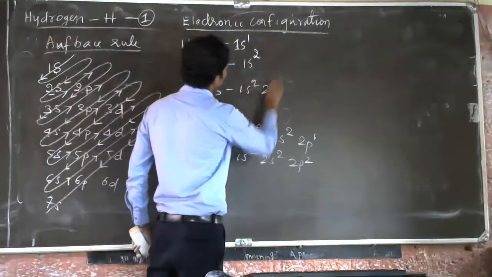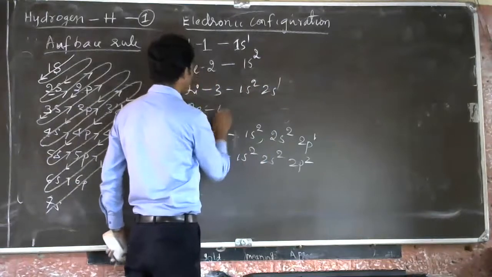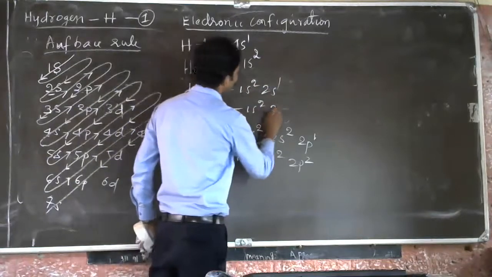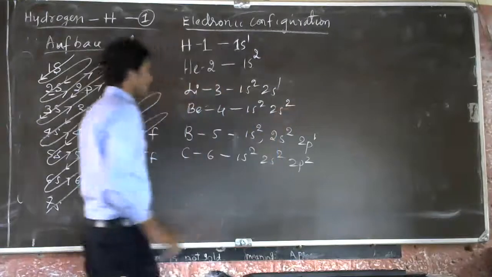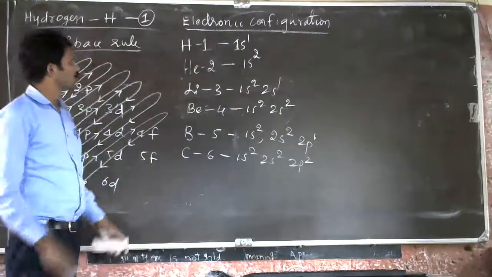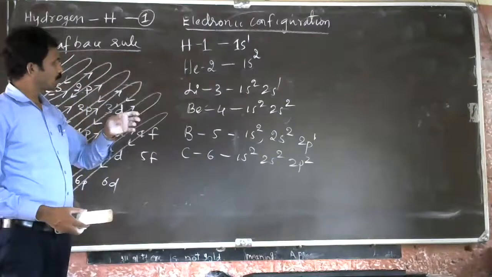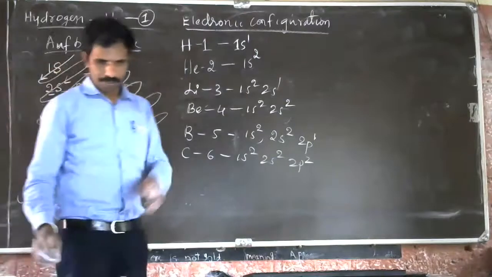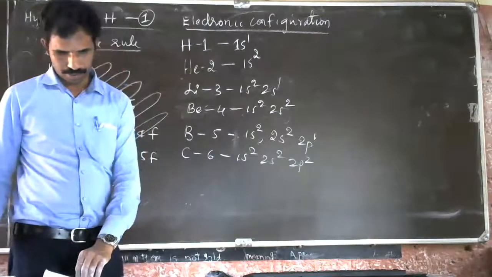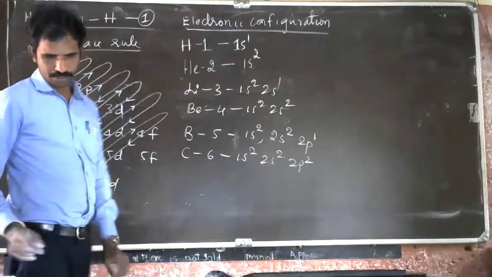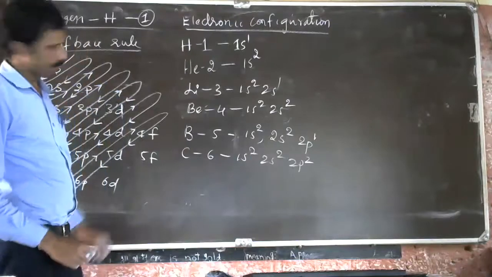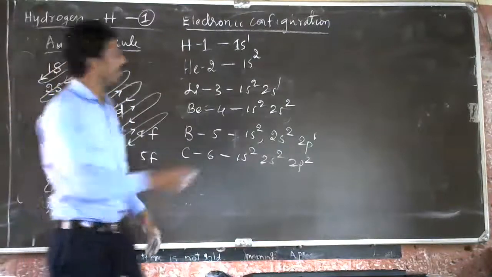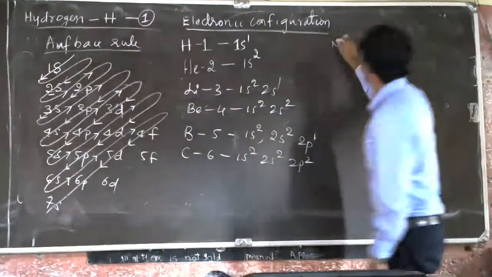Lithium is 1s2, 2s1, and here beryllium is 4, 1s2, 2s2. Yeah, like this.